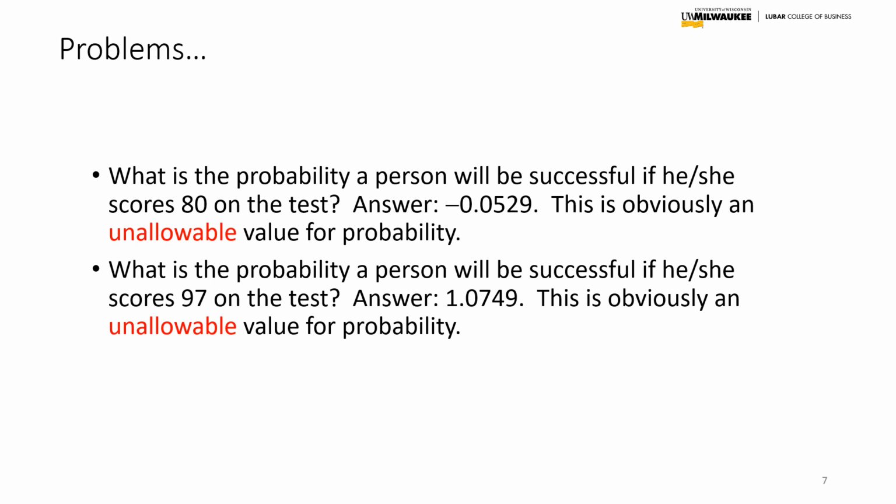Well, if you stick an 80 into that equation, you're going to get a probability of success on the task of minus 0.0529. Well, that's obviously impossible. Probabilities cannot be negative. And if we stuck in the test score of 97, the probability of success would be 1.0749. Again, that's impossible. Probabilities cannot be greater than 1.